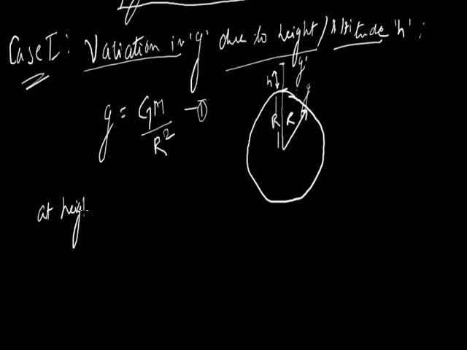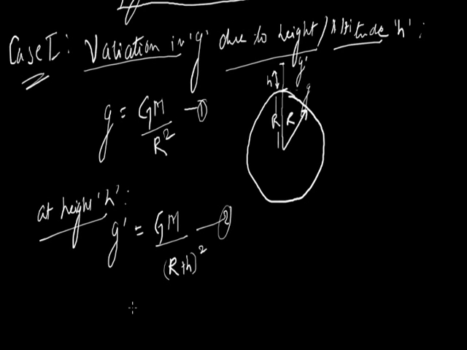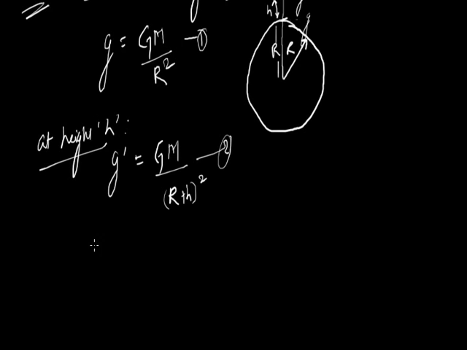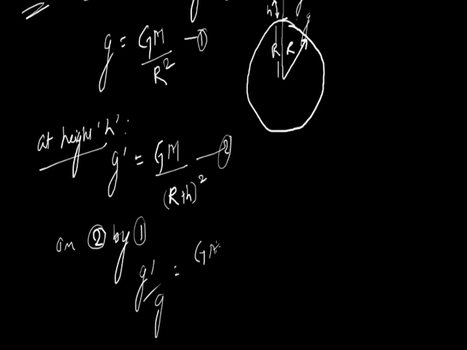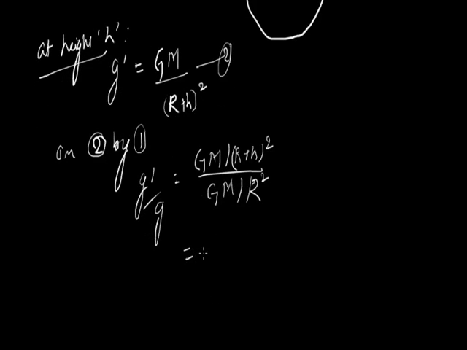At height h we have g dash, and g dash is GM upon R plus h whole squared, equation 2. On dividing equation 2 by 1, we have g dash upon g equals GM upon R plus h squared, upon GM upon R squared.